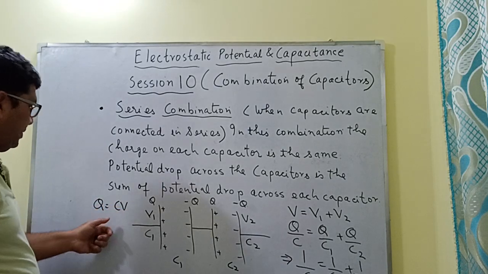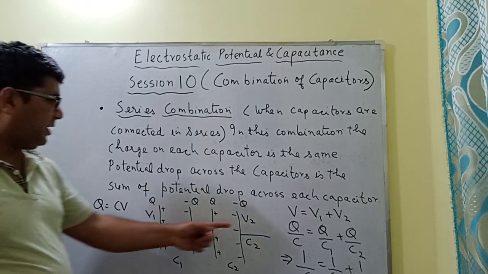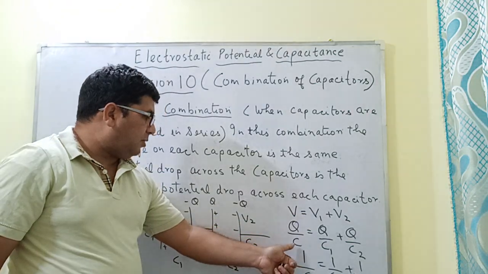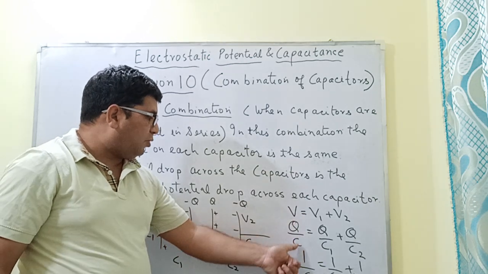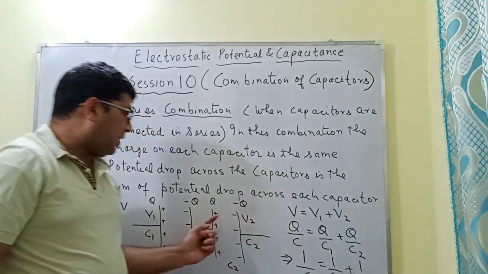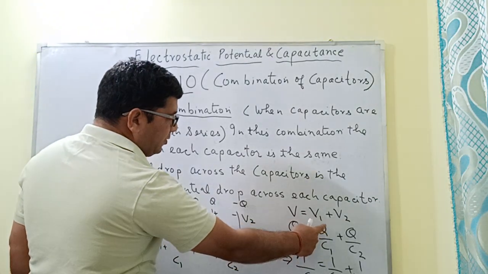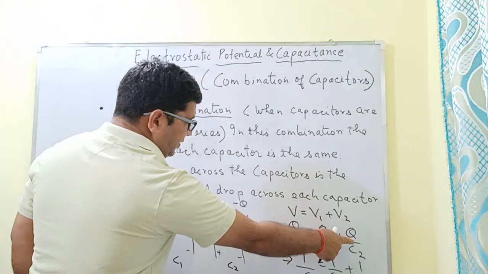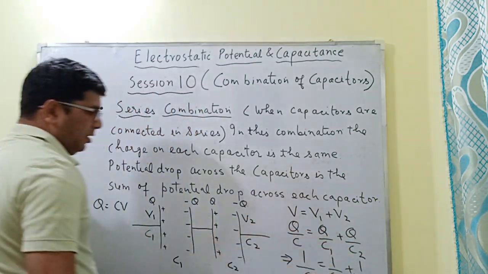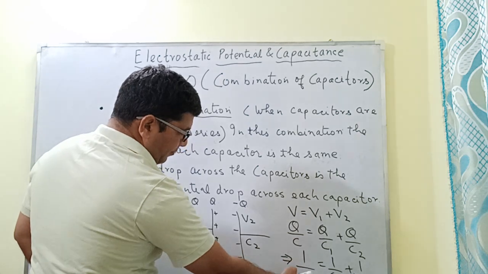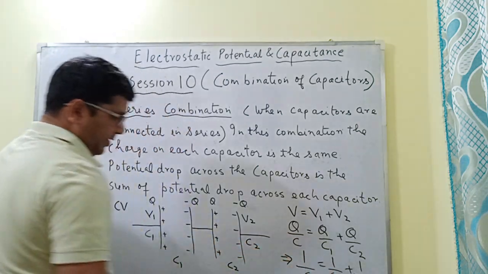And so V is equal to Q upon C है, where C is the effective capacitance. So मैंने V की जगह पे Q upon C कर दिया, and since the charge on both these capacitors will be the same, so V1 will be equal to Q upon C1 plus V2 की जगह पे क्या हो जाएगा Q upon C2. So यहाँ से हमको क्या मिल जाता है कि the effective capacitance is 1 by C equal to 1 by C1 plus 1 by C2.